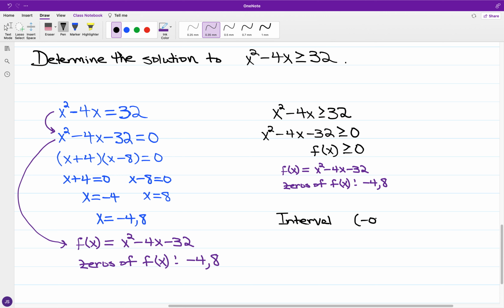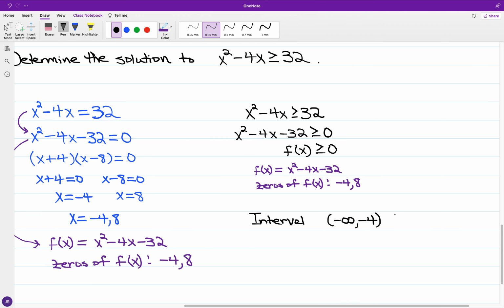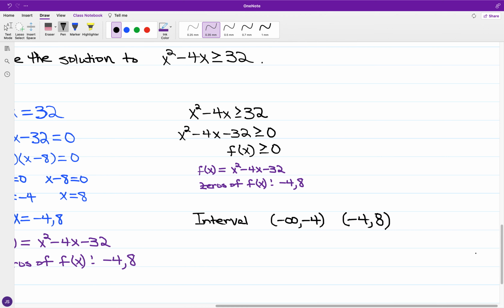Negative 4 is the smaller of the two zeros. So at the starting end, we have those values of x less than negative 4. Then in between, we have those values of x such that negative 4 is less than x is less than 8. And bypassing 8, we have those values of x that would be greater than 8.